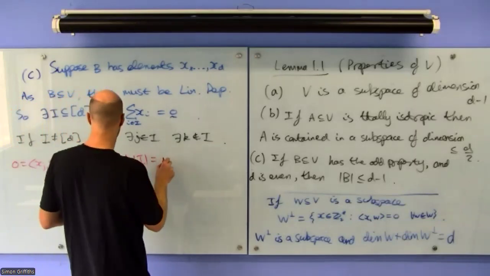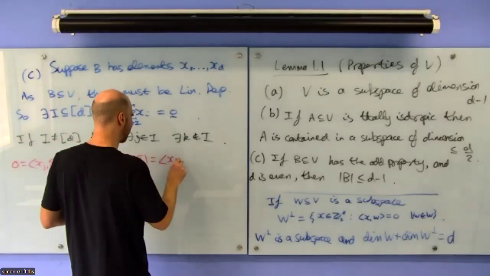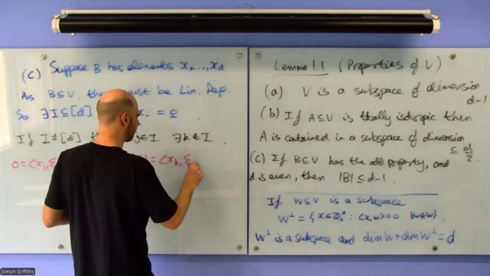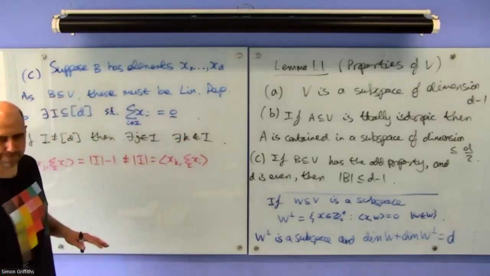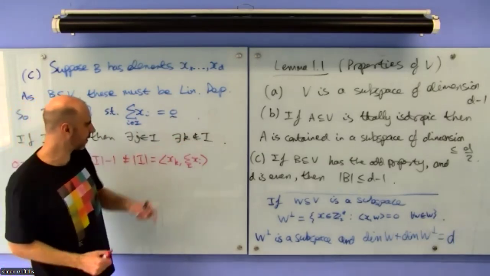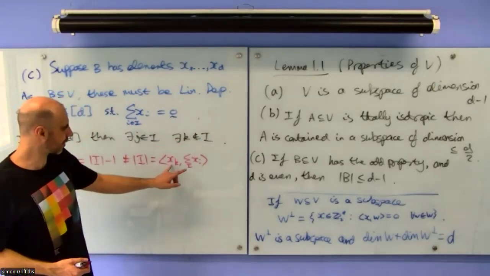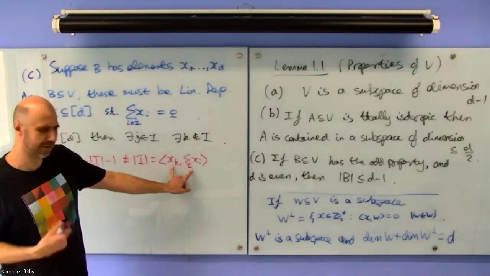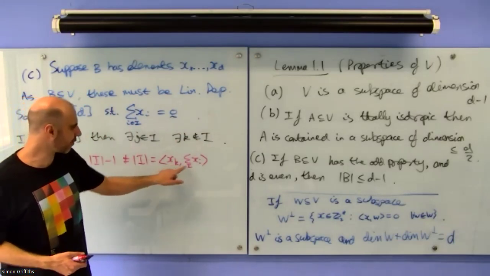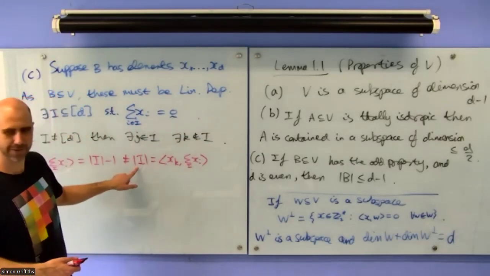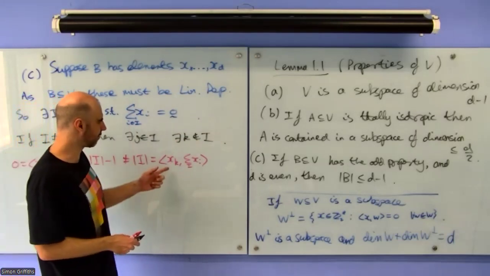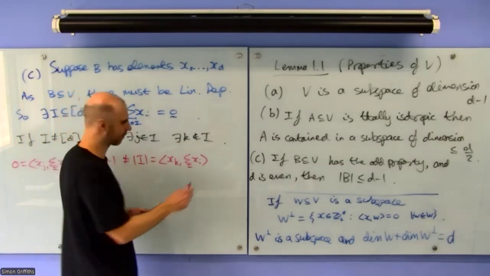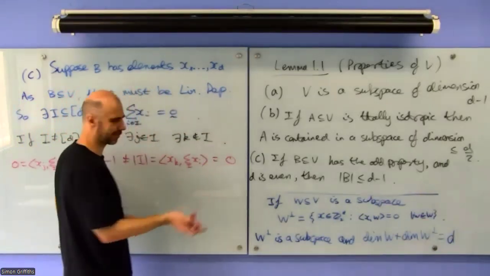And this is different from |I|, which is the inner product of xk with this sum. Because xk is not in the sum, k is not in I, this has inner product 1 with everyone. And so you get |I|. But at the same time, this is still 0, because the sum is 0.